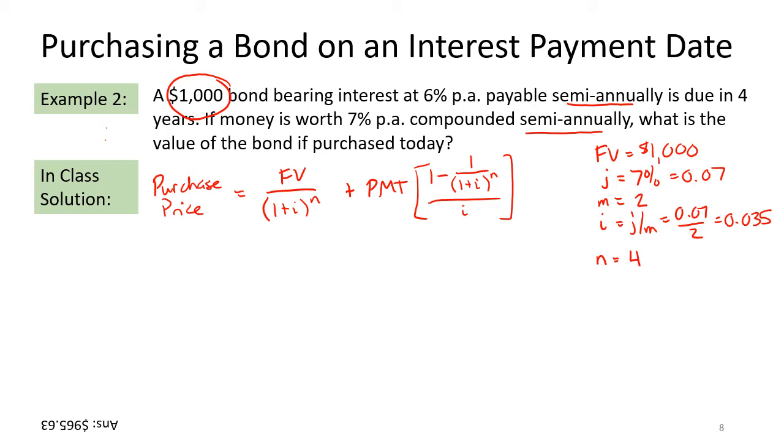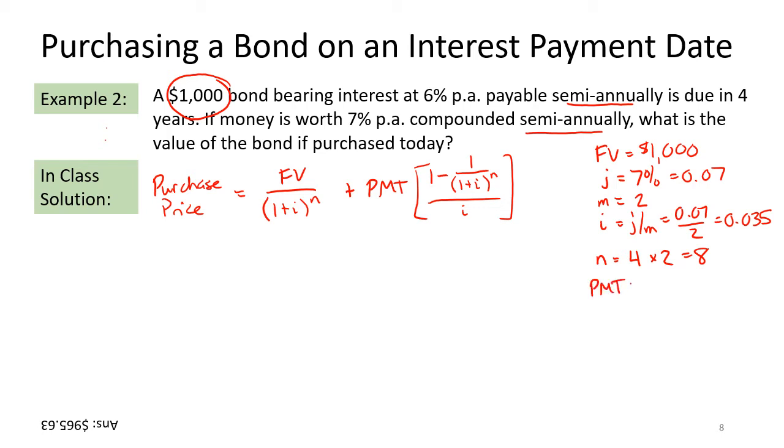So your total number of periods is 4 times 2, which gives you a value of 8. The next item that you need, okay, is your payment. That's your last item. So these last two pieces are done a little bit differently than we've done with annuities.